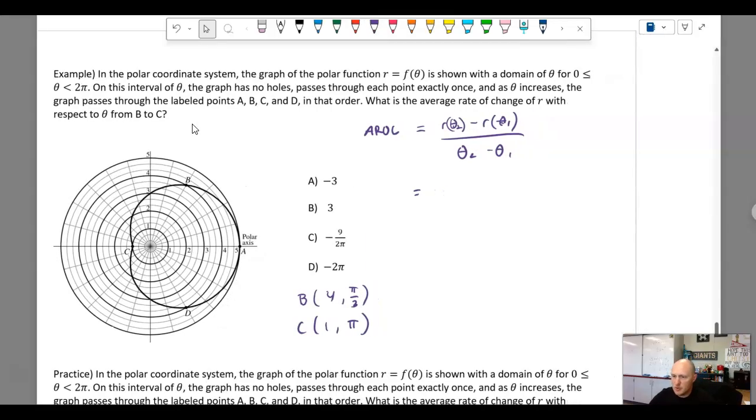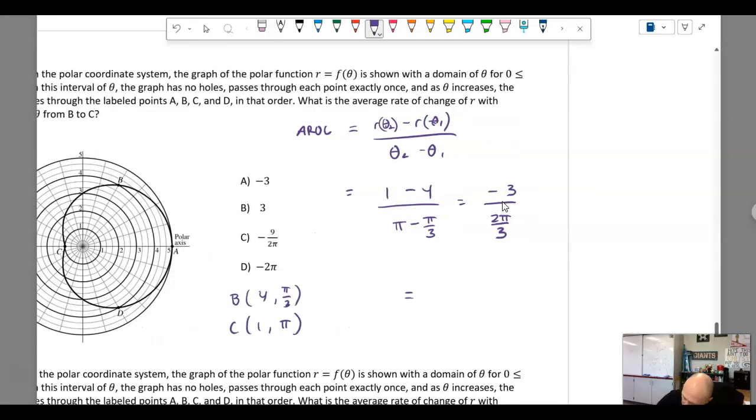Okay, so this should be pretty easy. We're going to go ahead and plug in our radius, 1 minus 4, right? And that makes sense because we decreased, right? Our radius was 4, and now we're at 1. Over pi minus pi thirds. So we get negative 3 over 2 pi thirds.